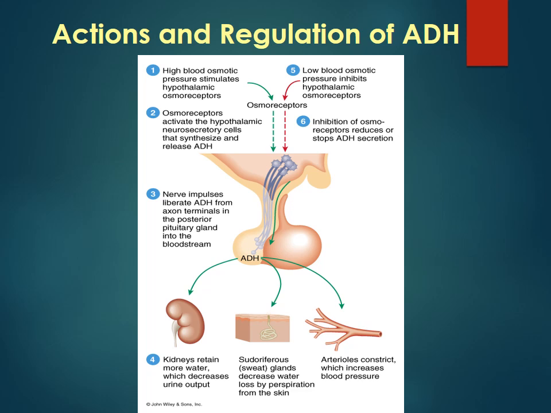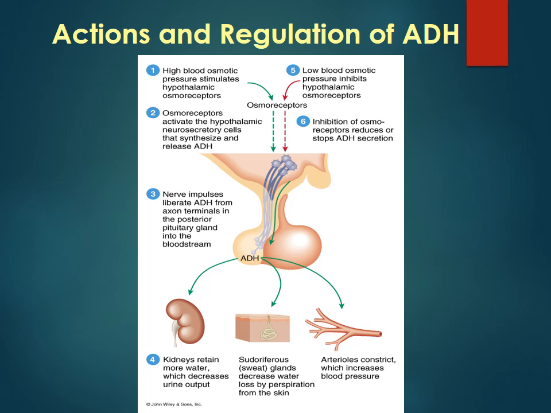And then number 5, low blood osmotic pressure inhibits hypothalamic osmoreceptors, and inhibition of osmoreceptors reduces or stops ADH secretion. So here, in number 4, the kidneys retain more water, which decreases urine output, the sudoriferous sweat glands decrease water loss by perspiration from the skin, and the arterioles constrict, which increases blood pressure.